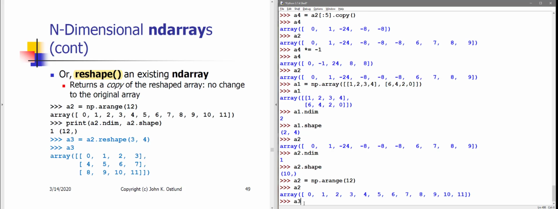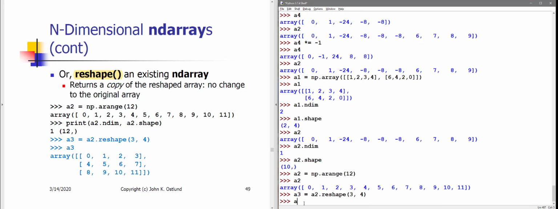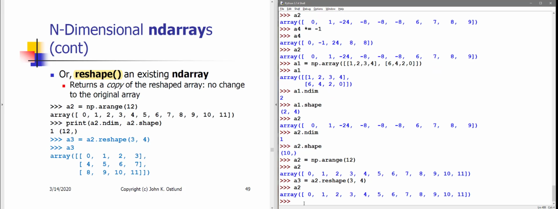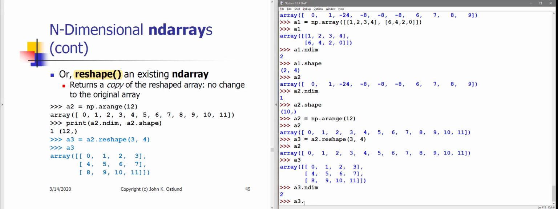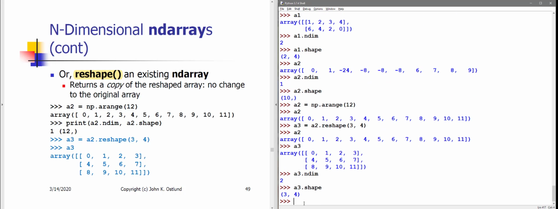And then I'm going to create A3 by taking A2 and reshaping it to have 3 rows and 4 columns. All right, so A2 has not been changed by this. A2 is what it was before, but A3 now has 3 rows and 4 columns, and consequently A3.ndim is going to be 2, and A3.shape is going to be 3, 4.